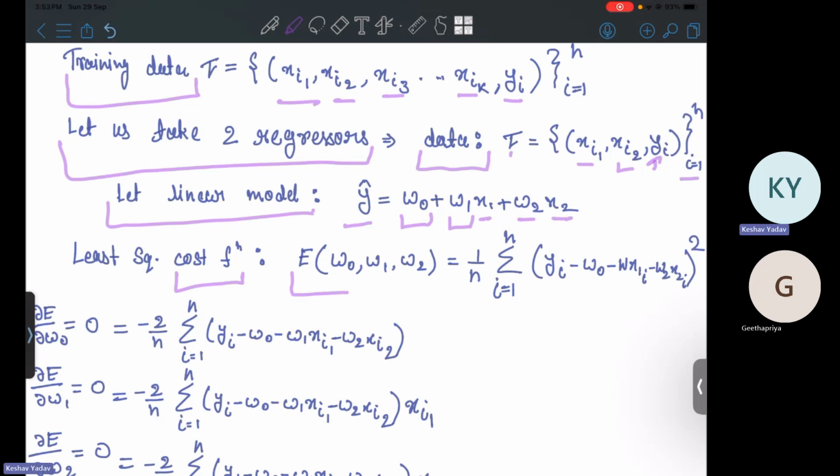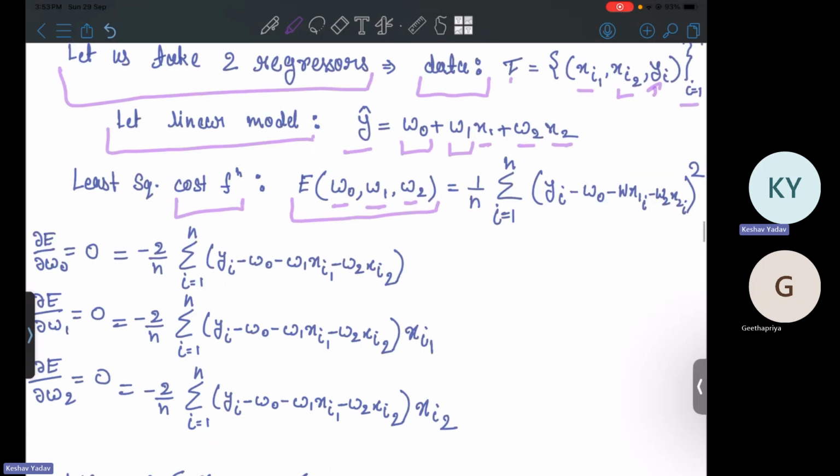Here in this case, the cost function E will be a function of W0, W1, W2, all three. Now this will be equal to 1 upon n, the summation from 1 to n of yi minus y hat. That y hat is what?